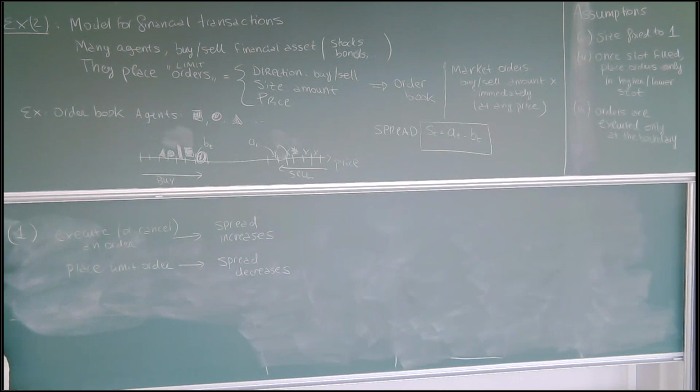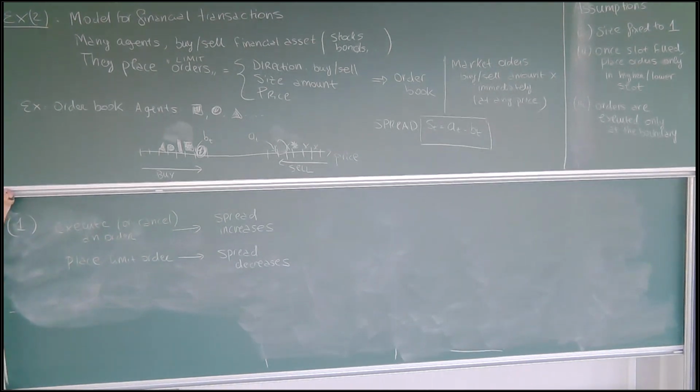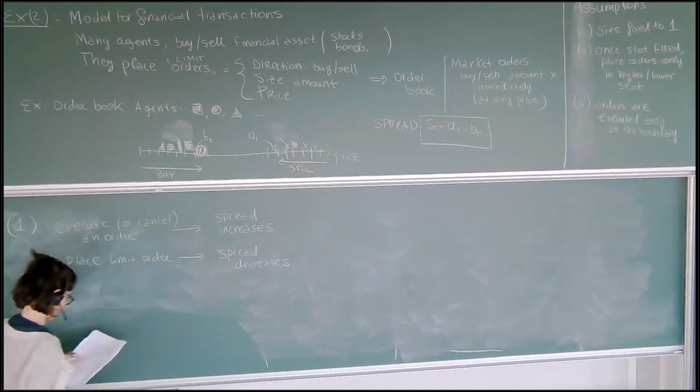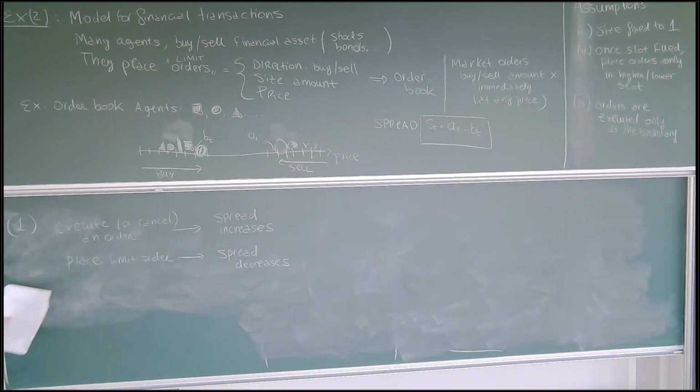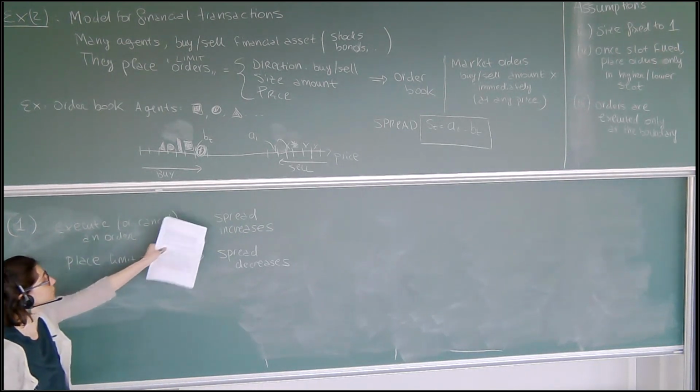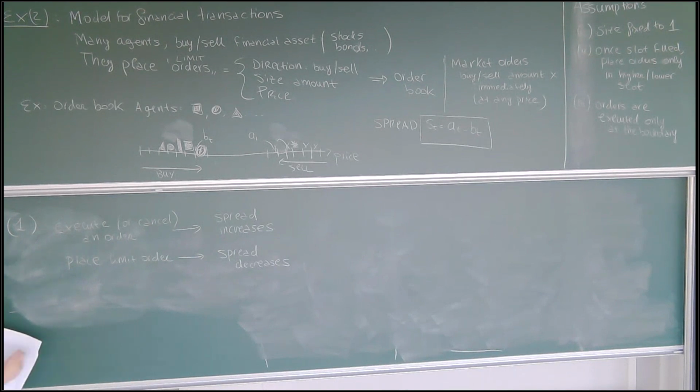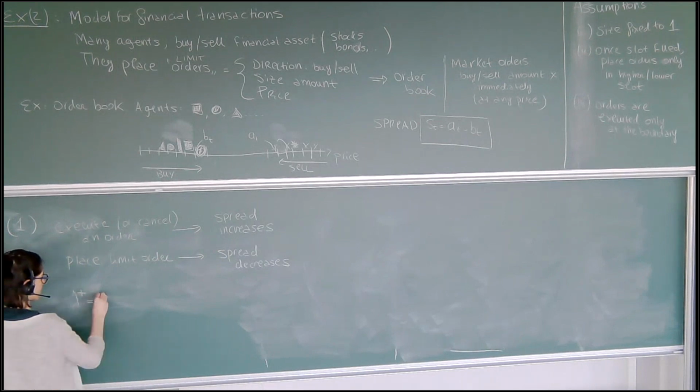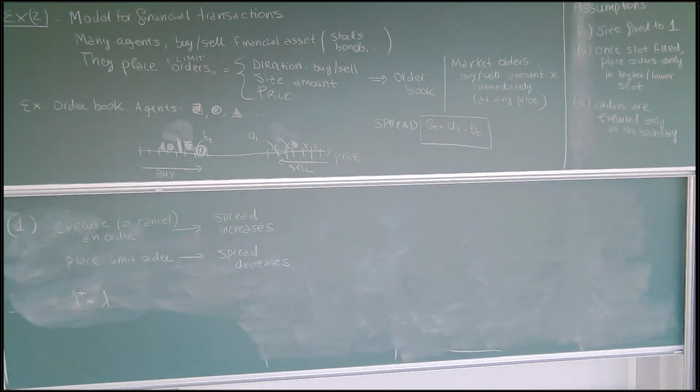And now what we have to say is what is the frequency at which these types of events occur. And this, as I said, is modeled via these Hawkes processes. So there will be a rate for the events which increase the spread, and I will call it lambda plus. And this will be given by a Hawkes process. So the Hawkes process, as you remember, gives you the intensity in terms of a self-excited kernel.